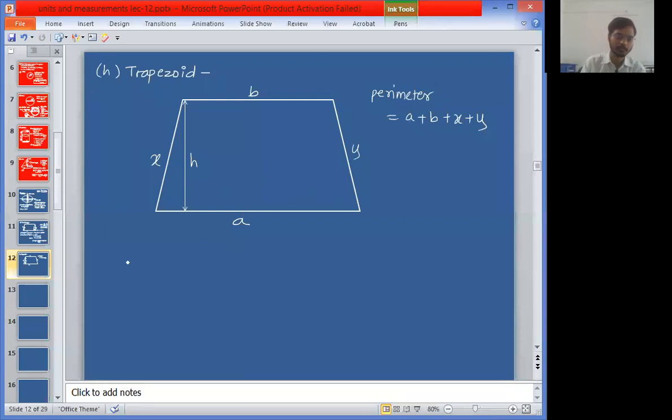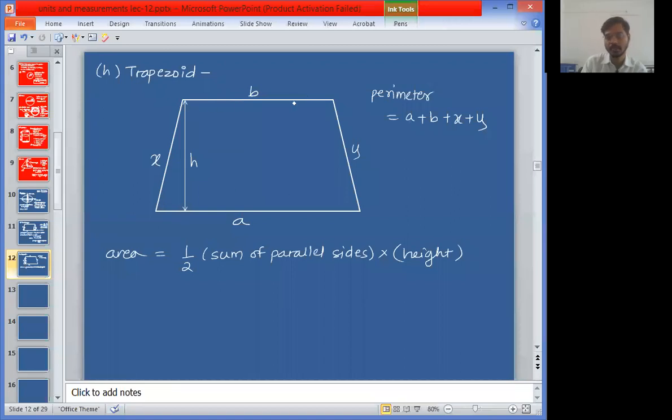Perimeter. Fine. Area. Area of trapezoid. What is the formula for area of trapezoid? 1/2 sum of parallel sides into height.